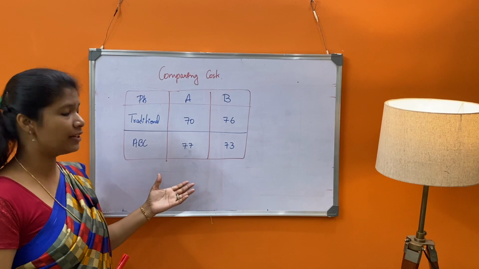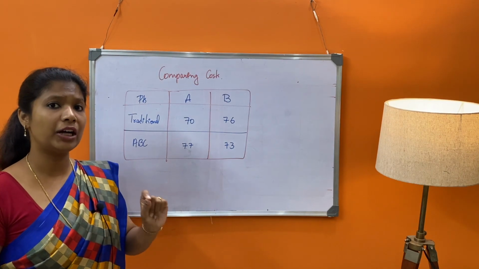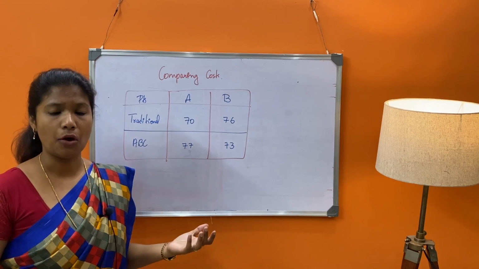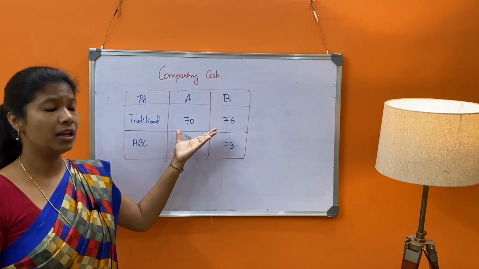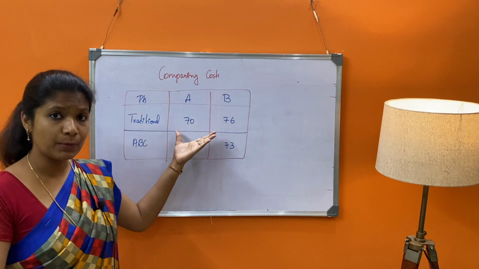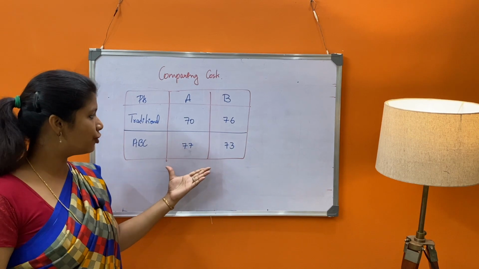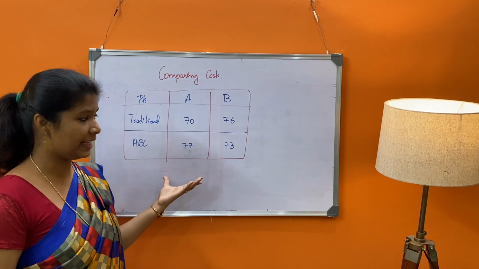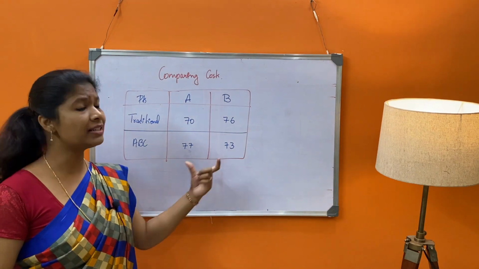So that's the difference here. Under traditional costing, the cost was not allocated accurately or precisely. The cost of A was lower than the cost of B, but in the actual scenario, that is ABC costing, product A stands higher than the cost of product B.